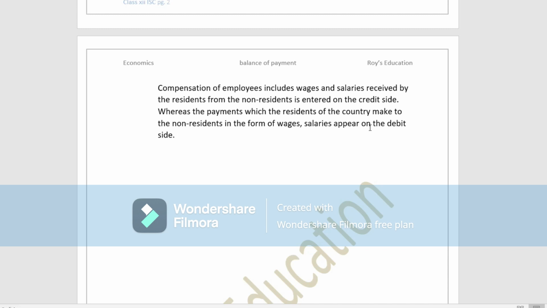And when the residents give payment to the non-residents in the form of wages and salaries, it will appear on the debit side. In short, any payment we are receiving appears on the credit side, and any payment we are making appears on the debit side.